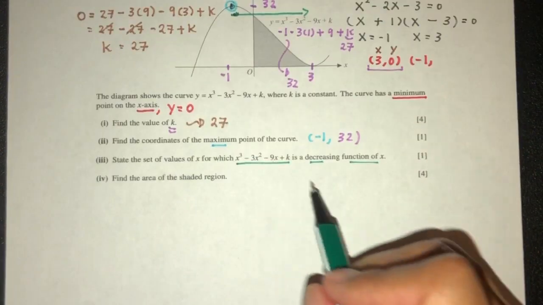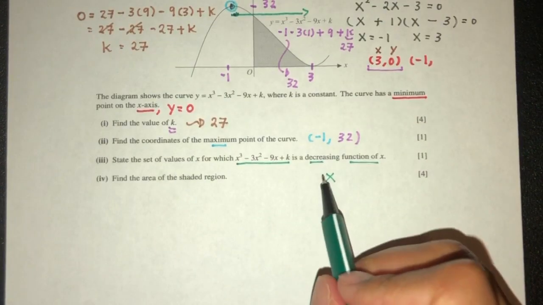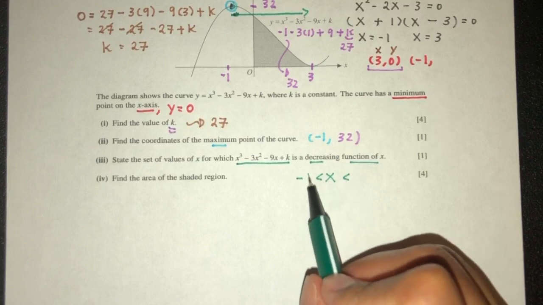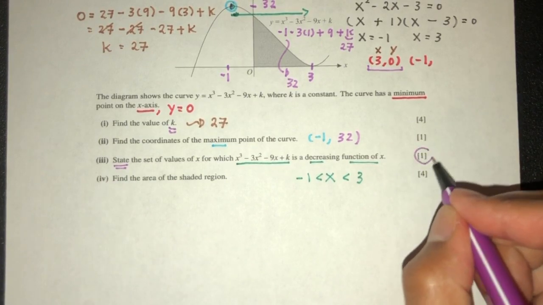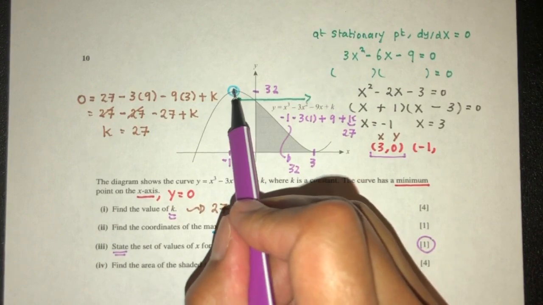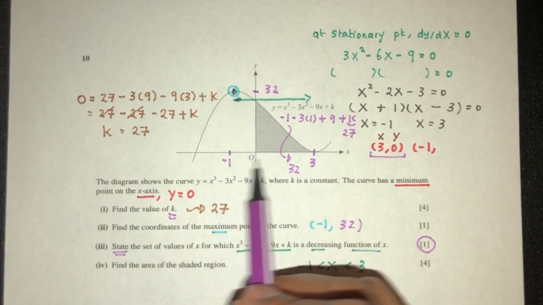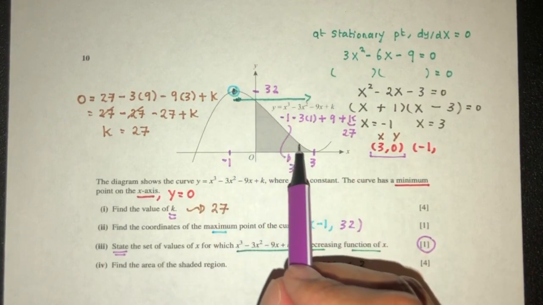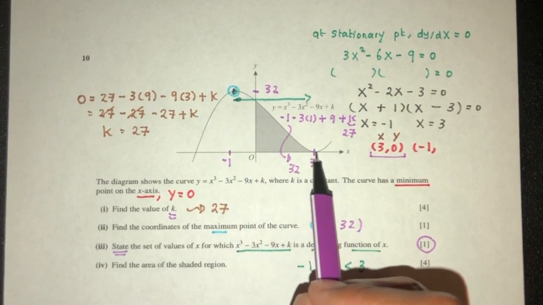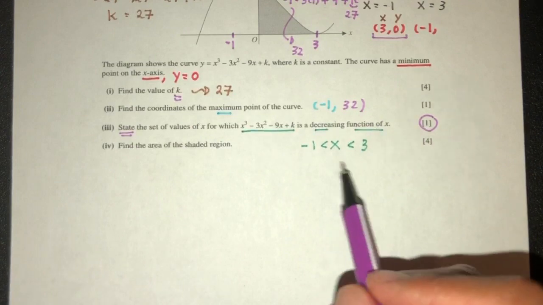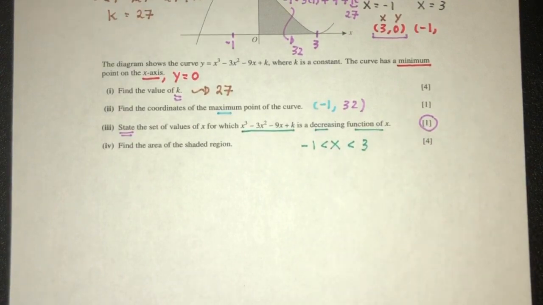So you can say for the values of x between minus 1 and 3, it is a decreasing function. It is only a state question, which means it should be pretty easy. It is only 1 mark. As we go on with x, the value keeps going down, or the slope is negative, which means it is decreasing until 3, and then it goes back up. So these are the set of values of x for which it is decreasing.